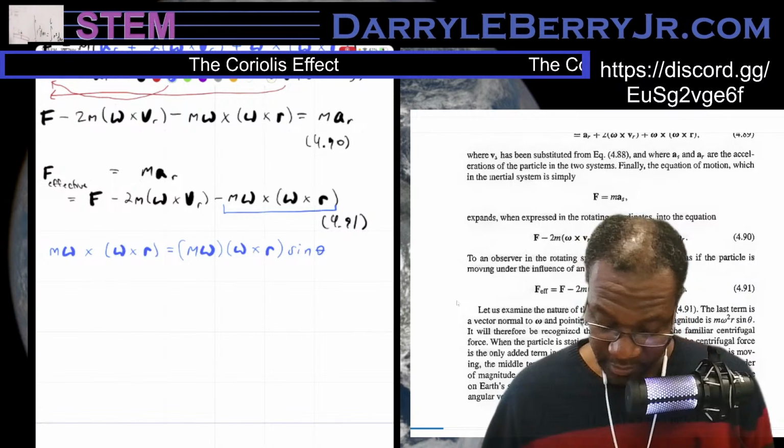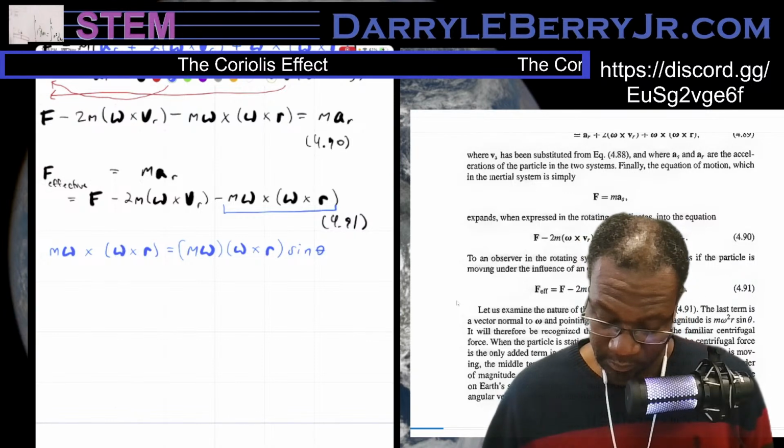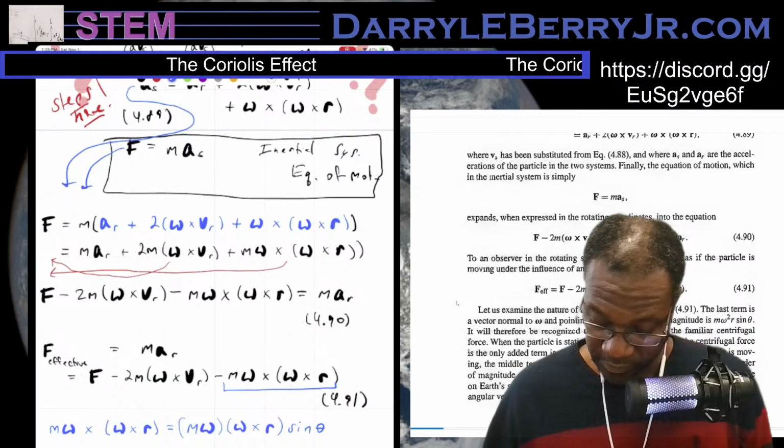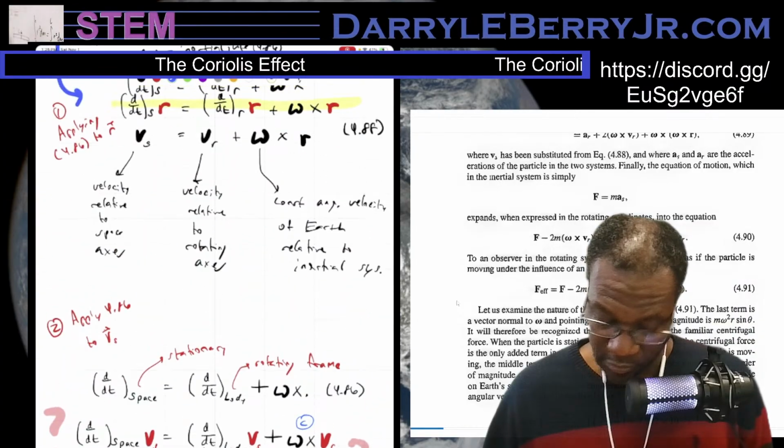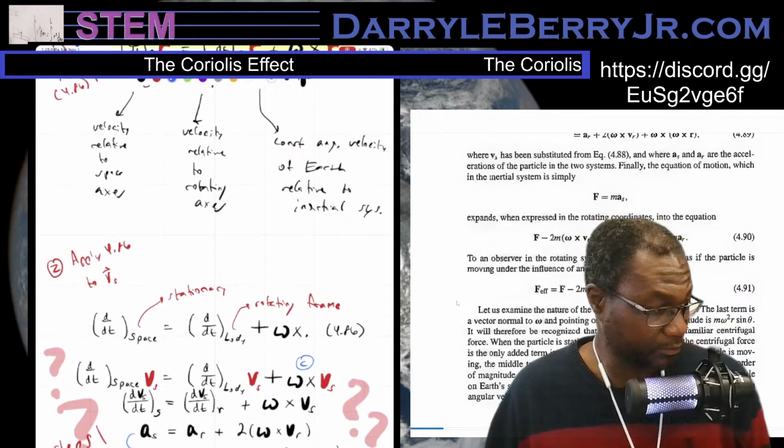But they have m omega squared r. So perhaps did they use the triple? No, because we didn't get a dot product.